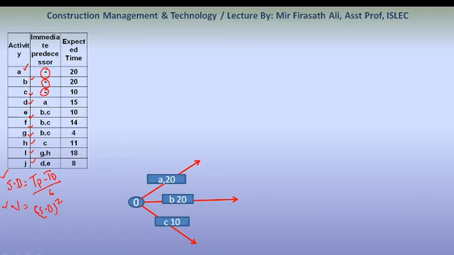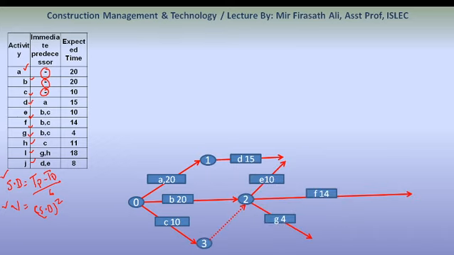Now, the immediate successor of A is D. For E, F, G, from B and C, the activities E, F, G emerge. So, by applying dummy activities, this relationship can be maintained for E, F and G.